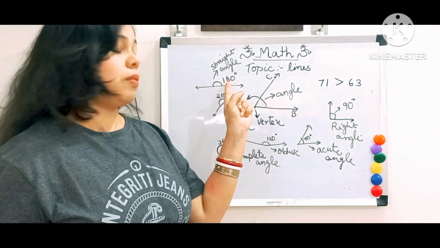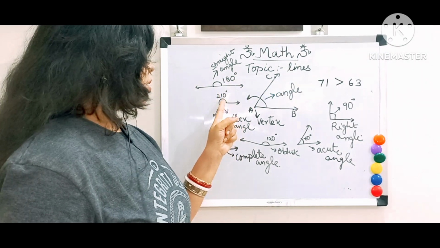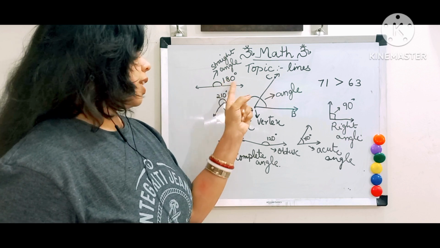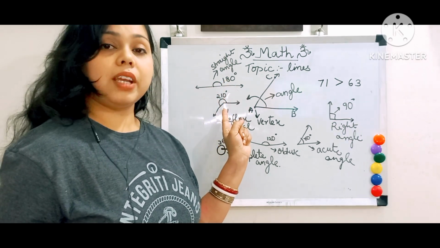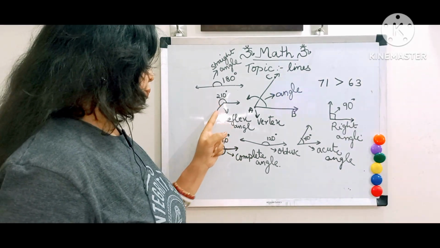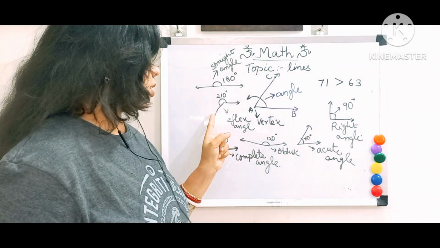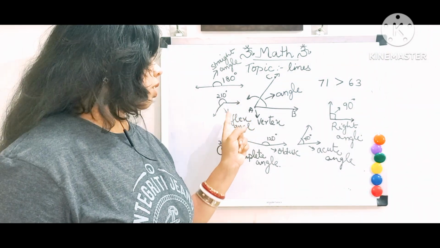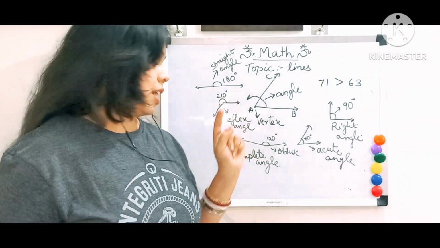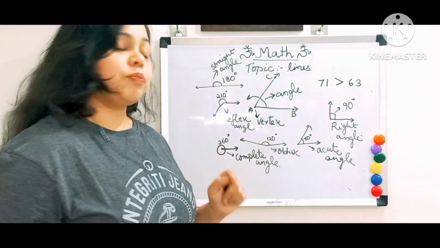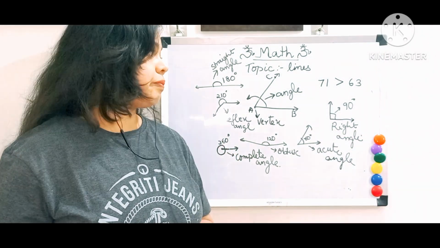The degree will be 180 degrees, and when it extends beyond 180 degrees, it will be a reflex angle. And when this ray moves to the starting ray, or overlaps with the starting ray, that time it will make a complete angle, that is 360 degrees.